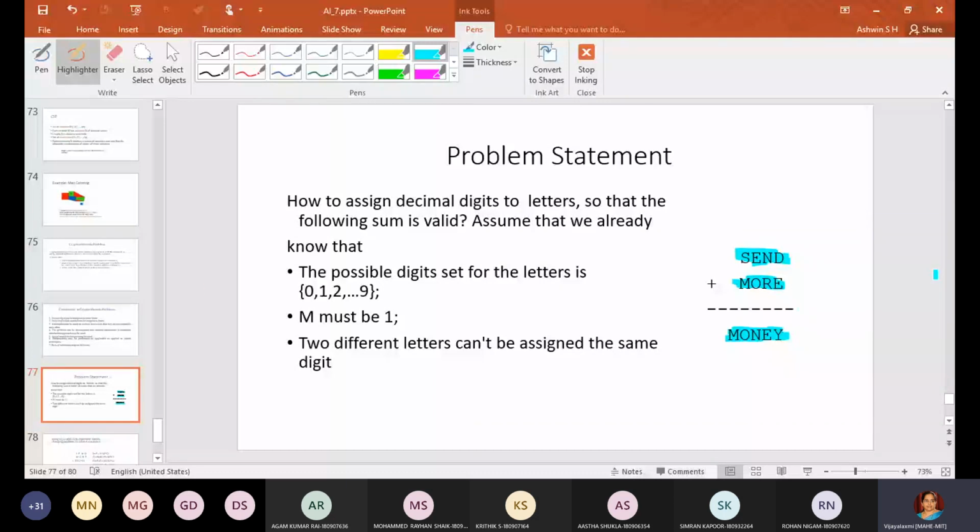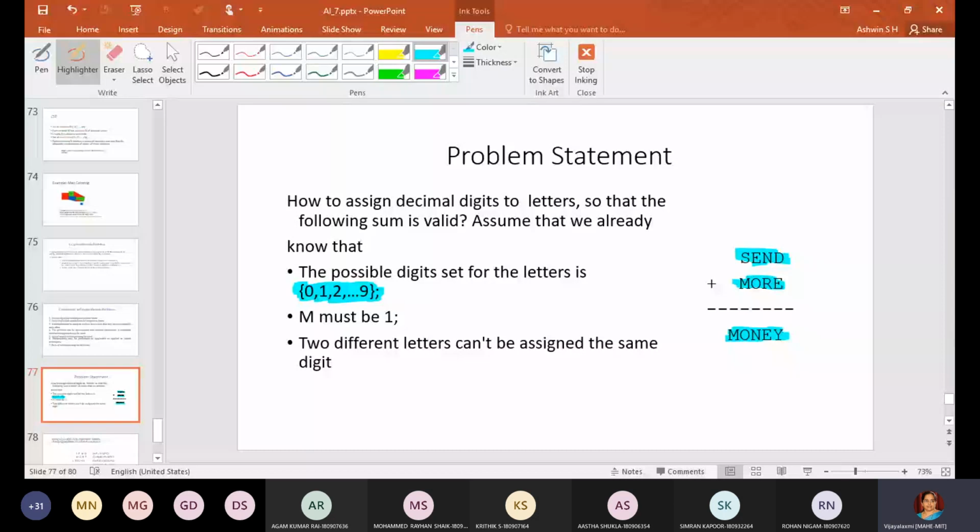You have to assign 0 to 9 to all these letters. It can be anything. Sometimes you may have to do it using trial and error, and sometimes you have to make use of intelligence. If you are able to do that, then for any crypto-arithmetic problem we can develop a search tree and solve it using the search algorithms which we have studied.